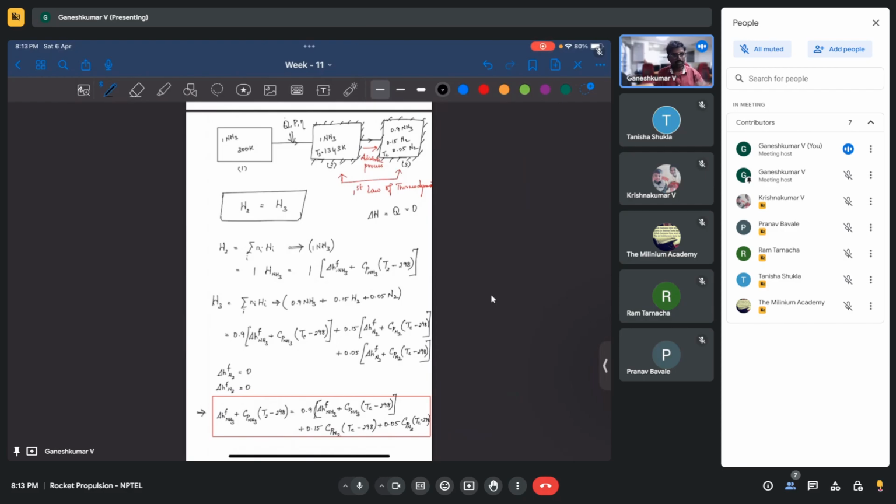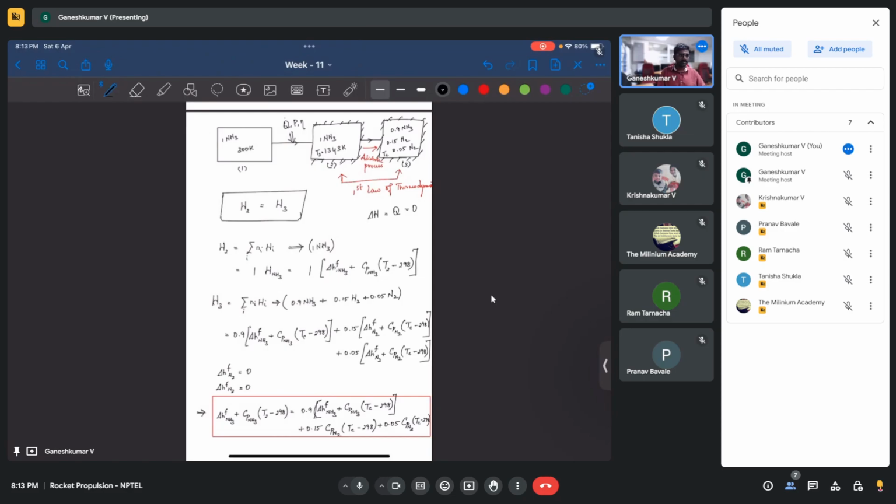We could have simply written that the dissociation energy is what has been lost, and that is going to equal m Cp delta T, as Pranav said, and that is also going to give you the same results. But this is a more systematic way of doing things, and this will make sure your concepts are right. That's why.